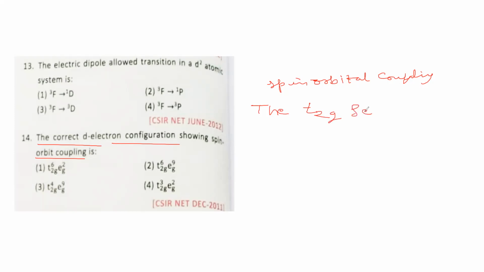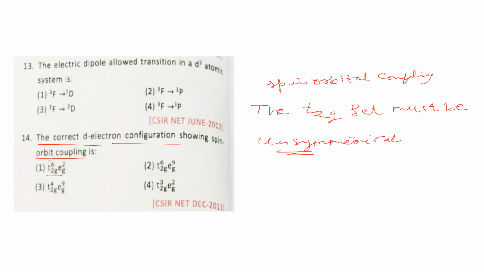Let's discuss the next question. The correct d electronic configuration showing spin orbital coupling. First thing we have to remember is that for spin orbital coupling, the T2g set must be unsymmetrical, asymmetrical. So we just have to check in which option the T2g set is unsymmetrical.